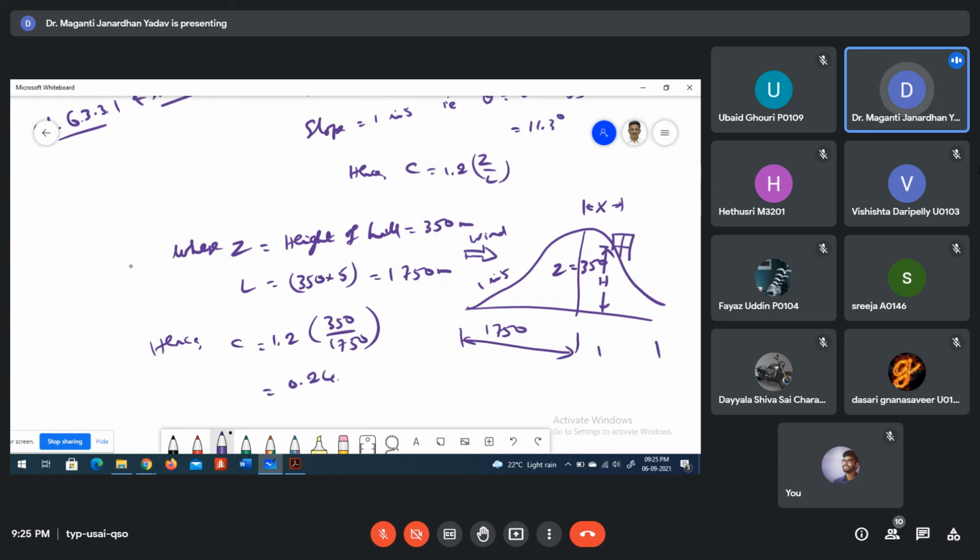Because the wind direction is reversible, we will take this also as the same thing. If it is different, we will calculate that differently.